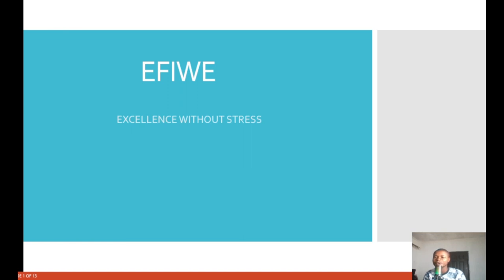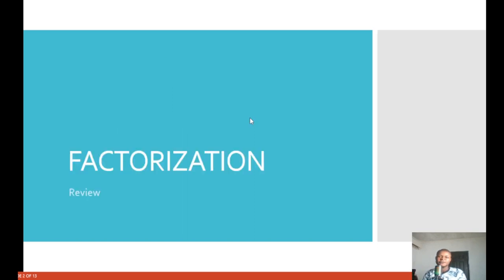And today we'll continue with our Jamb topic, but we are going to see a different topic today, and I believe we are going to enjoy it. Today we are going to be taking a very good topic, which is factorization.